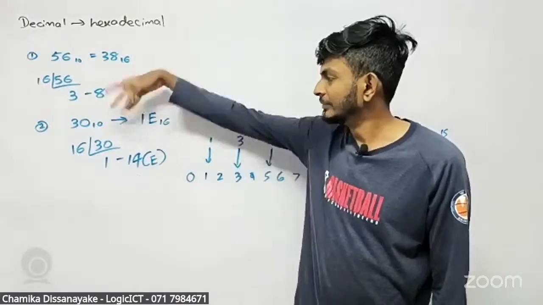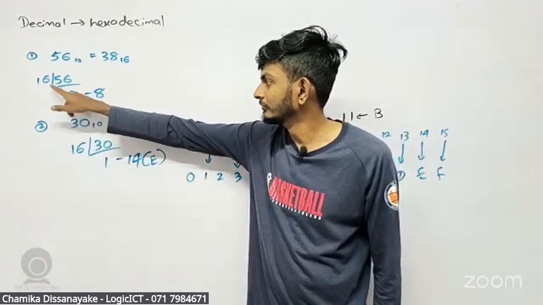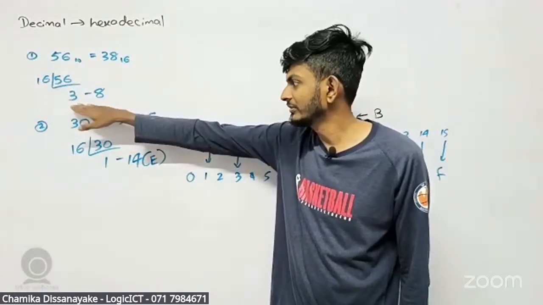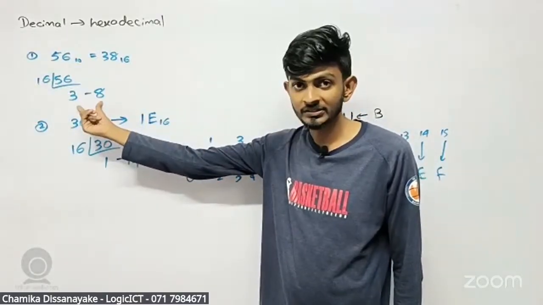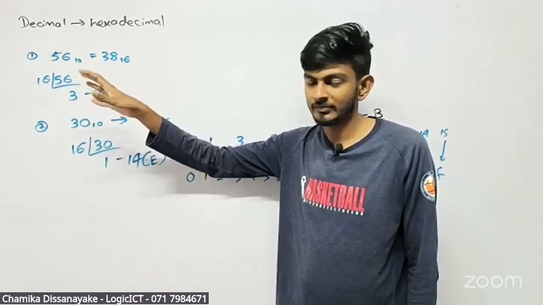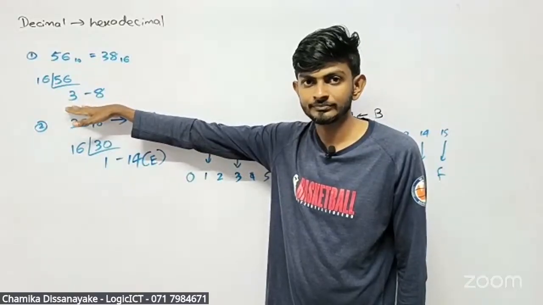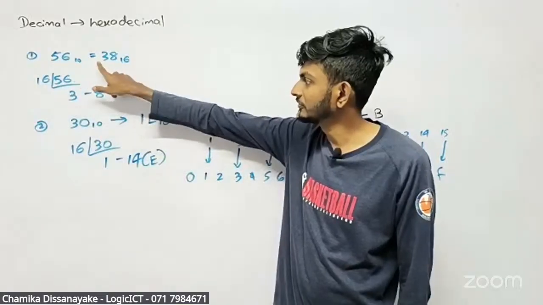In the previous case also, when we divide 56 by 16, the value will be 3 and the remainder will be 8. Those are the values. But you know 0 to 9, the value and the symbols are the same. Here we have the value of 3, the symbol is also 3.